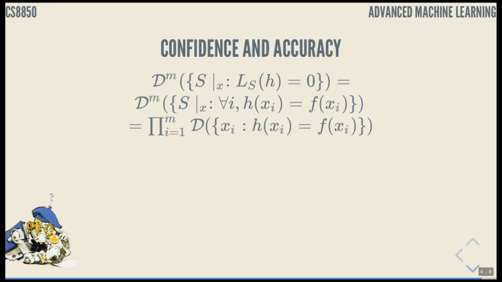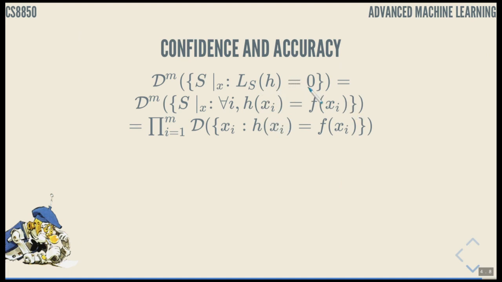Our probability of a sample for which the empirical loss at a hypothesis H is 0 is equivalent to the probability of getting a sample such that, for all i, or for all elements of that sample, this is just a rewrite in a slightly different notation.